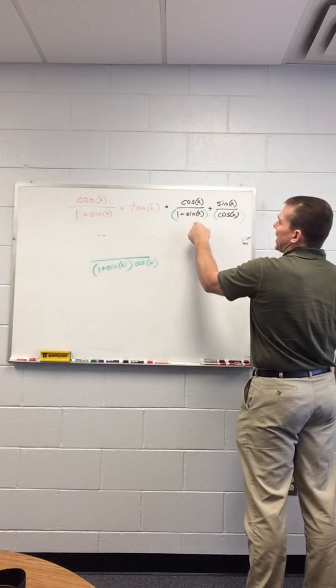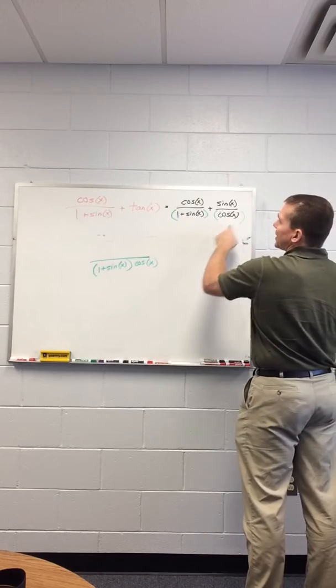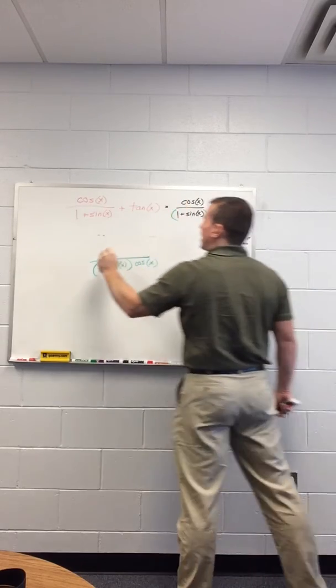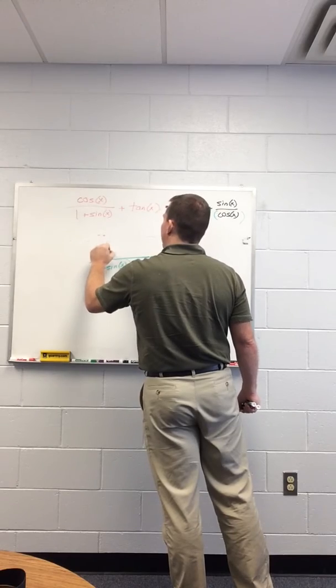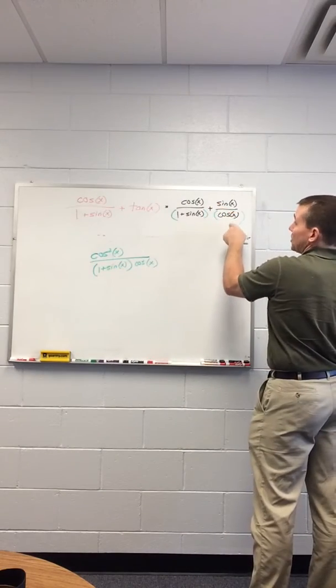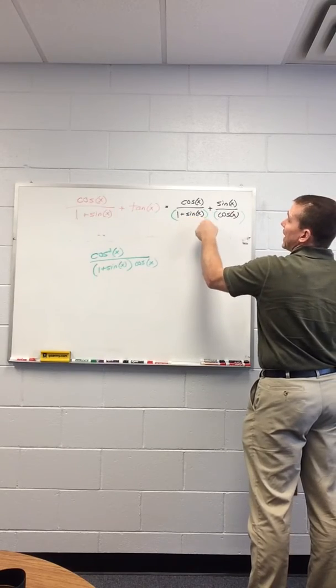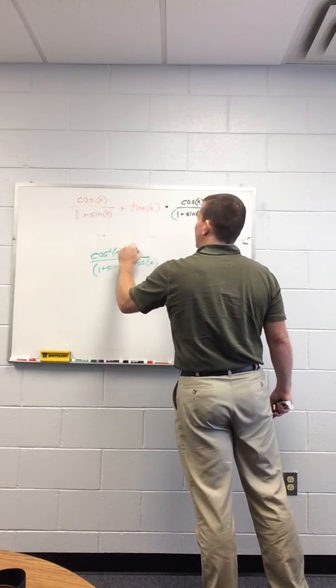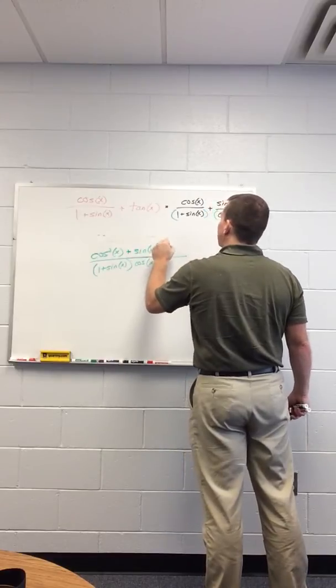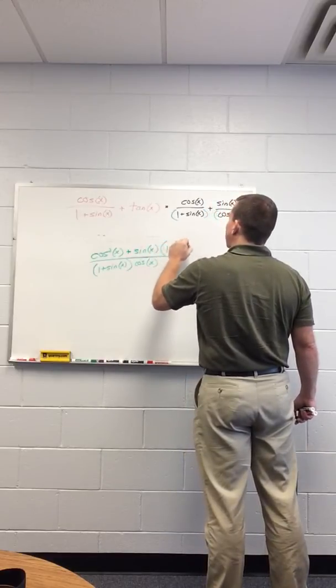This is a 1 plus sine x, so I need to multiply by cos x. I multiply on top and bottom. So I get cos x times cos x, which is cos squared x. Here, I already have the cos x, so I need to multiply by 1 plus sine x. So here, just to make sure I write it correctly, I get sine x times, in parentheses, 1 plus sine x.